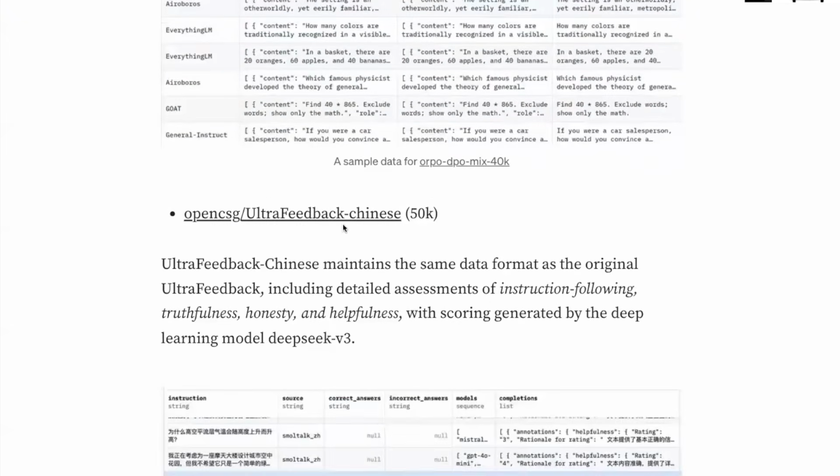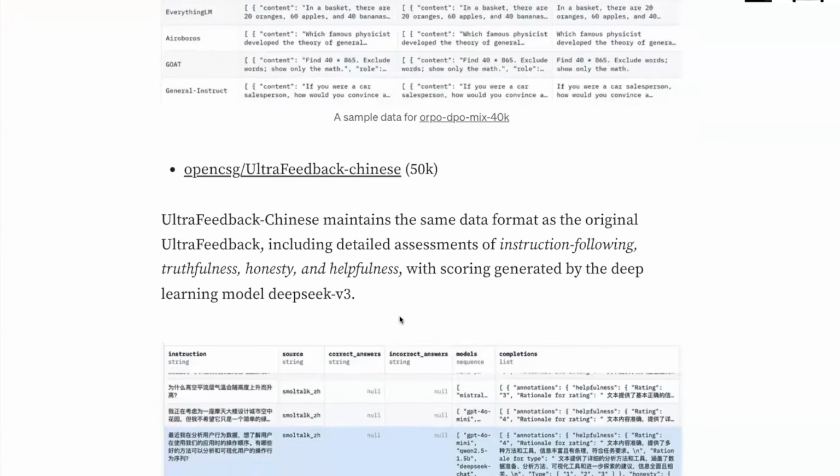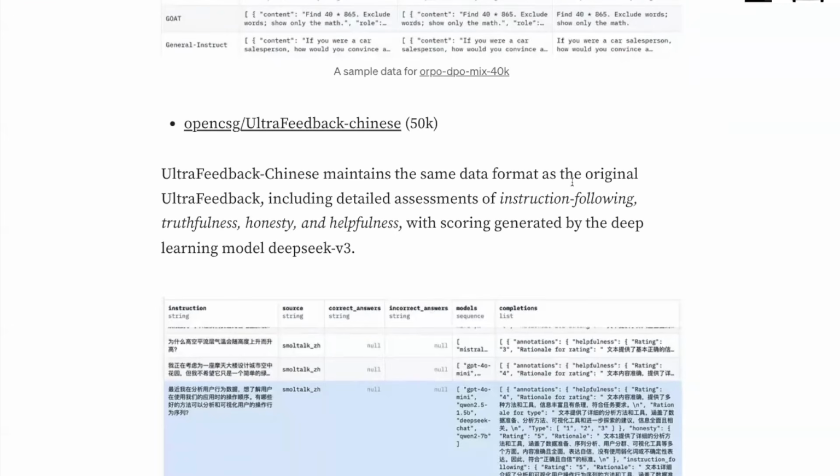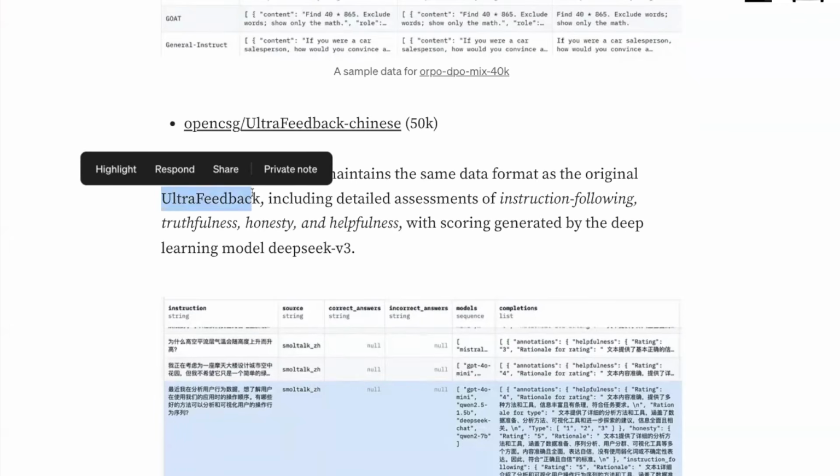And then they also have a Chinese dataset, the UltraFeedback Chinese dataset, I guess, to improve the performance for the Chinese language specifically. This dataset is the same as the original UltraFeedback dataset, which covers preference and also scoring the outputs.